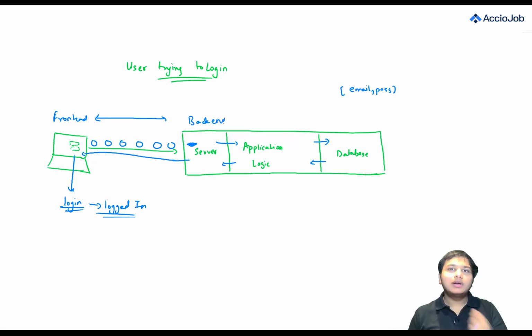I hope you got the basic thing. Front end and backend work together to create a complete web application. The front end communicates with the backend to request data, to process user inputs, and to display the result to the user, and the backend in turn handles these requests, performing the necessary operations using the application logic and retrieving data from the database. Then the backend sends a response to the front end.